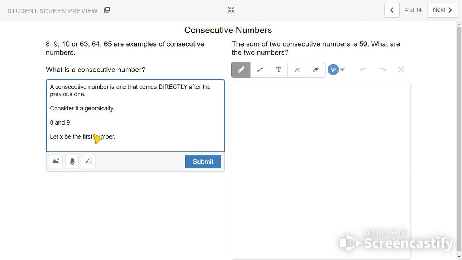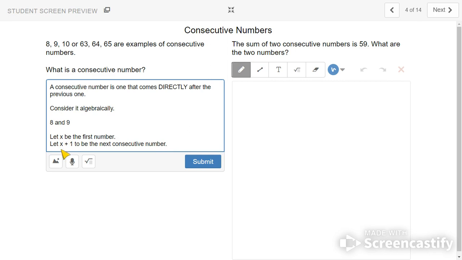Now, if x is the first number, then the number that's consecutive, such as 9, I could use x plus 1 to be the next consecutive number.